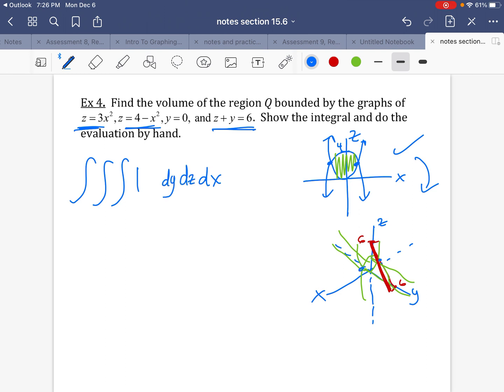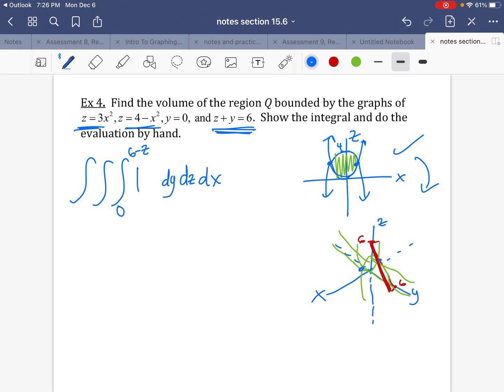So let's put z in the middle and then dy here. All right, so y, I'm going from y equals 0 out to this plane right here. So I'm going along the y-axis from 0 to this plane, so that would be 6 minus z.